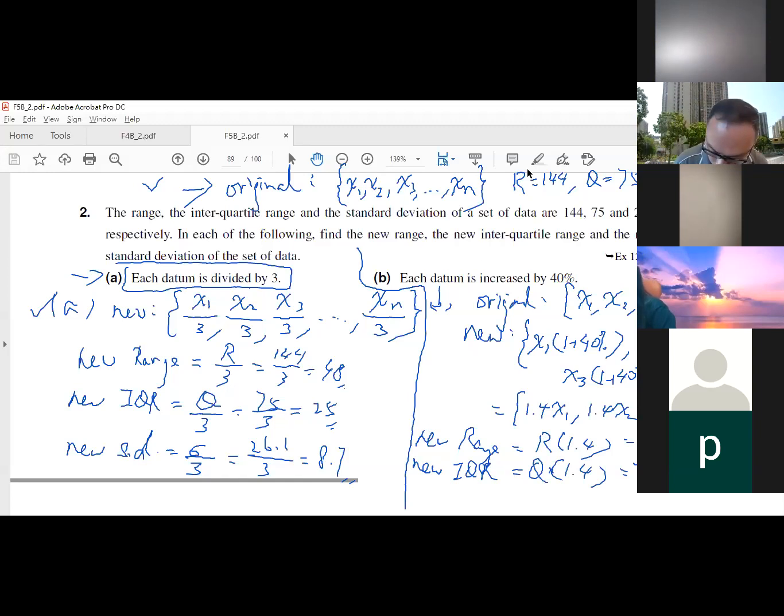And then the new standard deviation will be equal to sigma times 1.4. That is 26.1 times 1.4. That should be 36.54. Okay, so that is how we can find the answer here.